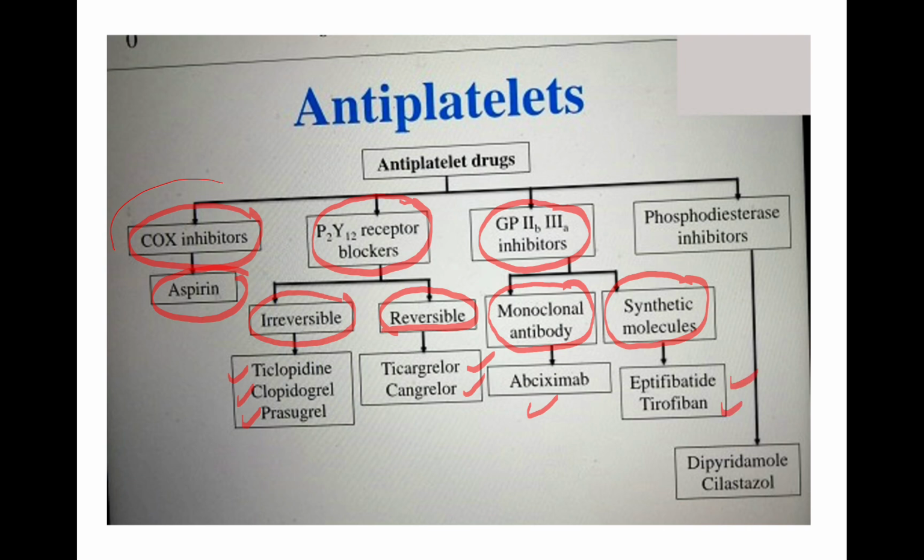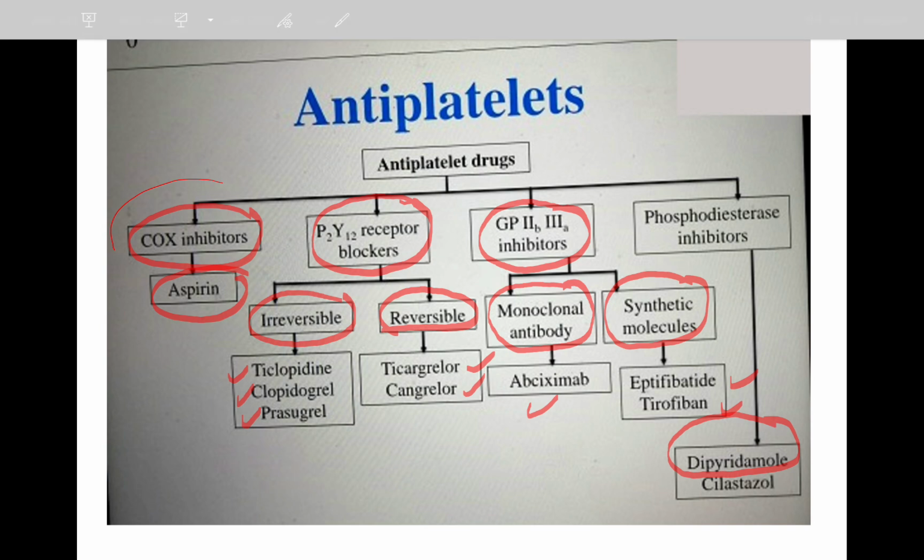The last group is phosphodiesterase inhibitors, and the well-known drug is dipyridamole. These are antiplatelet drugs which we usually use to antagonize the function of platelets.